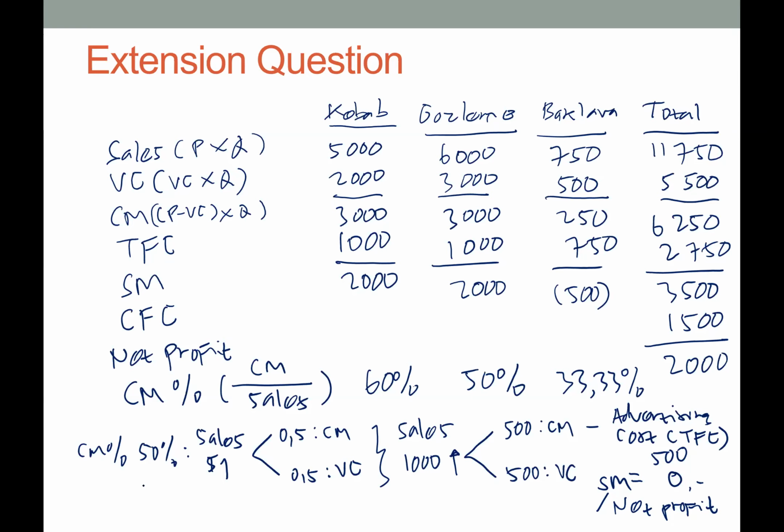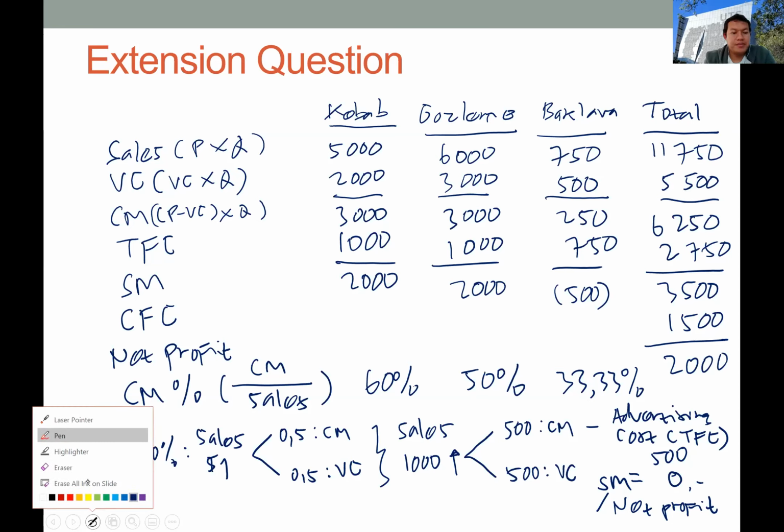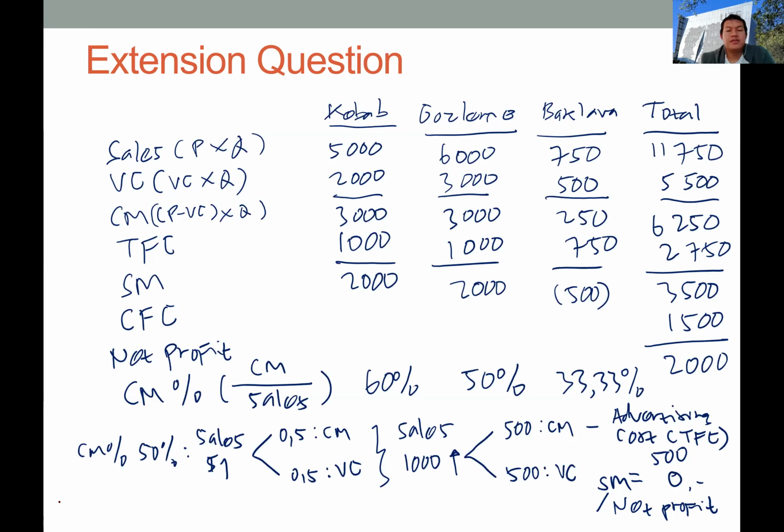The idea is that the company should promote the most profitable product, right? So the company should promote the product that gives them the highest contribution margin. Okay, so in this case it is kebab.